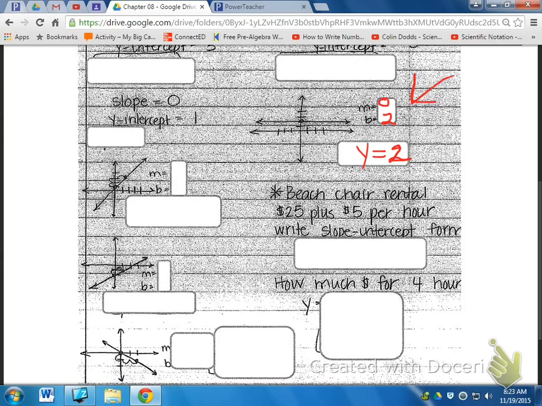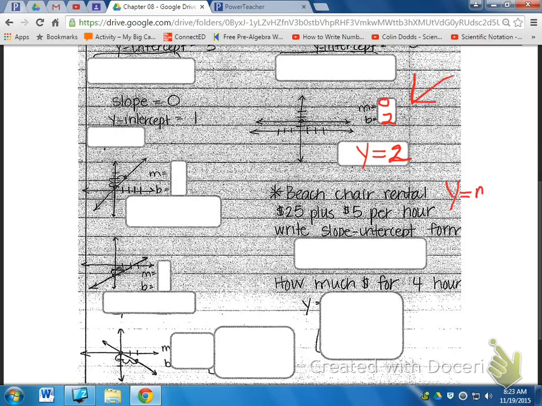All right, so you're going to get some graphs and have to write the equations, and then you might come across some problems like this. Let's read this. A beach chair rental is $25 plus $5 per hour, and you need to write it in slope-intercept form. So let's talk about this just a little bit.